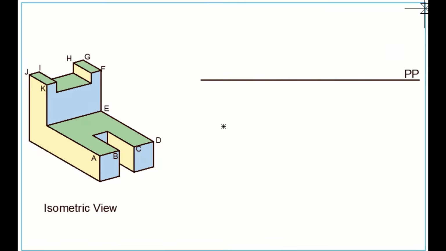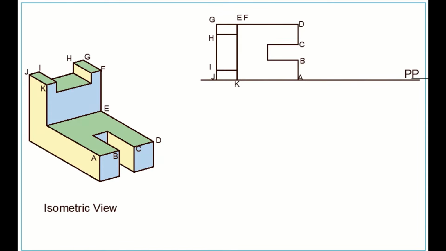So in this case the given top view is placed with one face, that is this yellow colored face which contains points A, J and K, etc. This face is actually touching the picture plane.